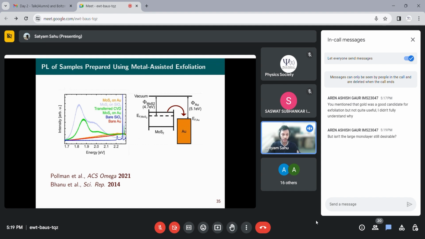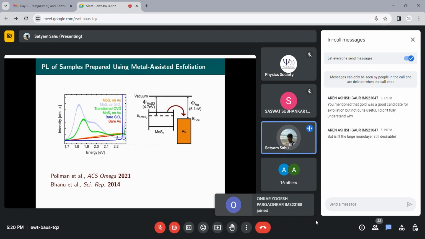If we can somehow tune the strain and the charge doping so that we can observe some photoluminescence, and we can reduce the strain, then it's also possible that we can use TMDs on gold for some nicer applications. I hope I was able to answer your question.